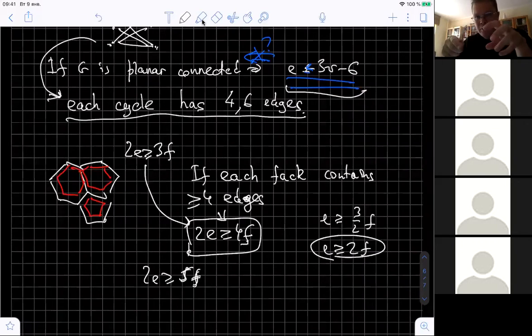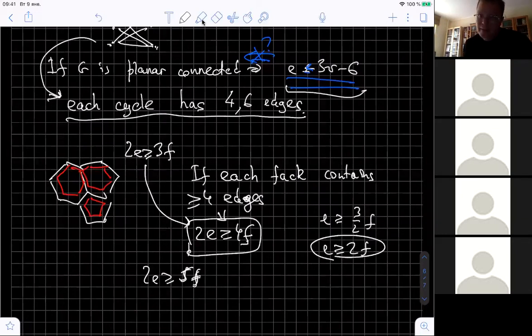So 5f is the least number of edges on the borders of the faces. I look at all of the faces and collect how many edges on the border they have, and they will be at least 5f. But each edge I will count 1 or 2 times, so it will be less than 2e.